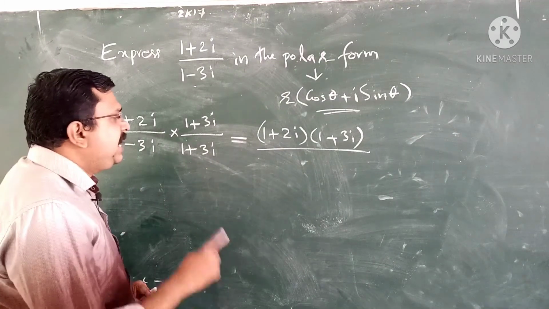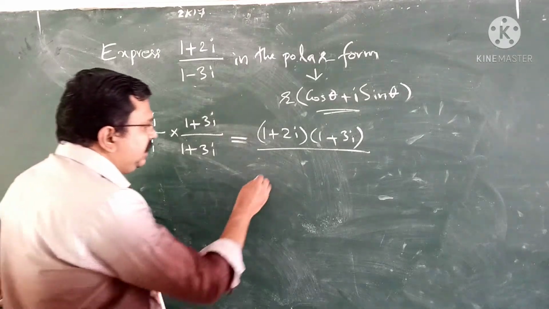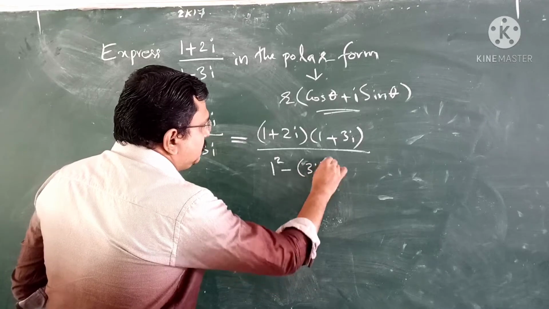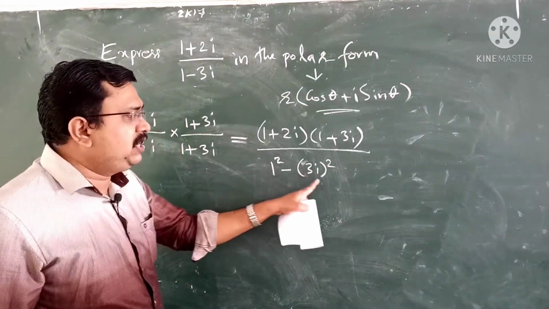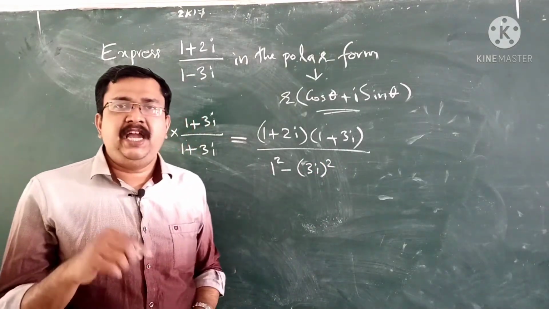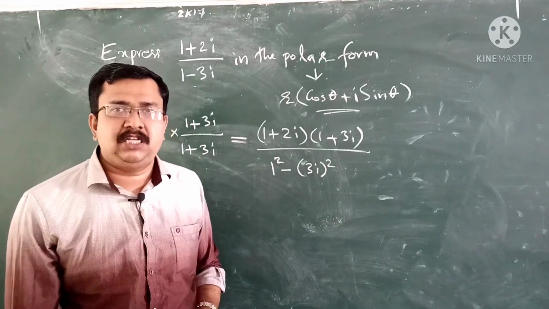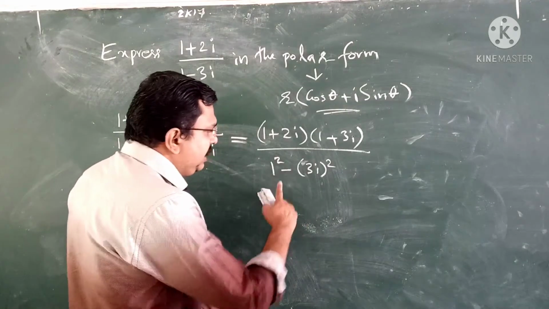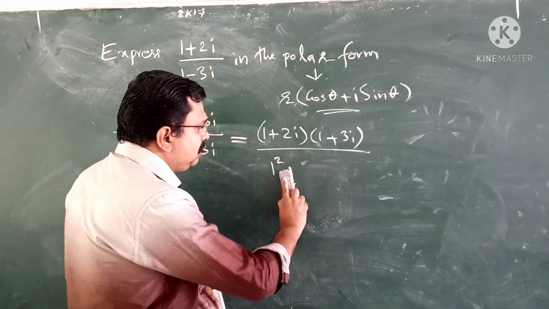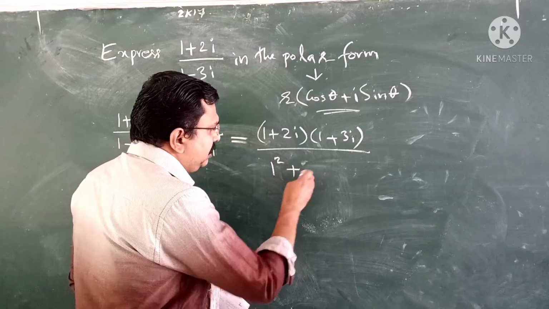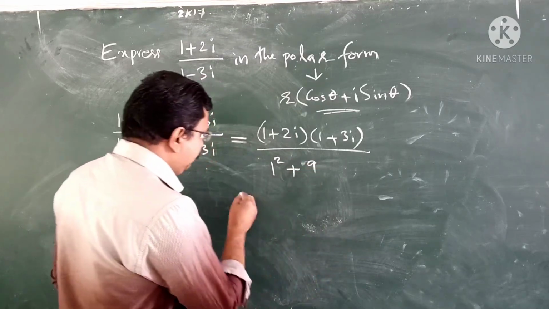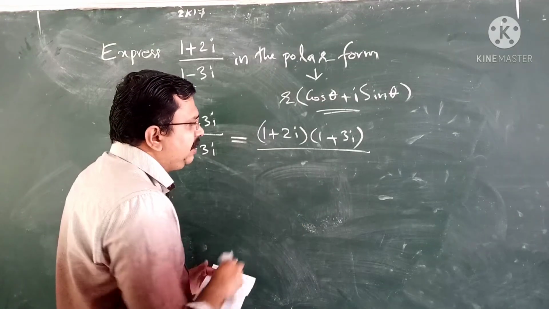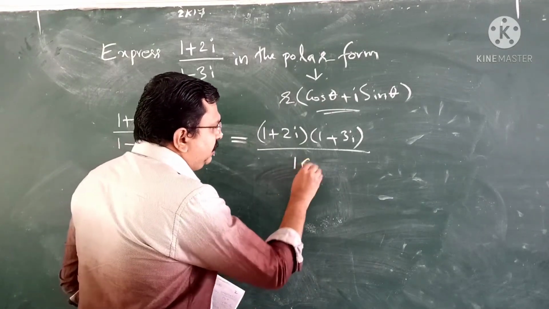That is 1² − (3i)². Remember that (3i)² is 9 i², and i² is −1. Therefore, minus becomes plus. That is 1² + 9, so we can write the denominator as 10.